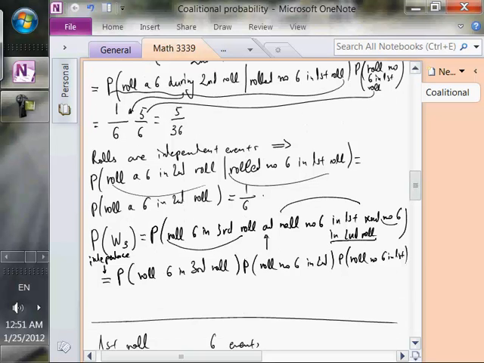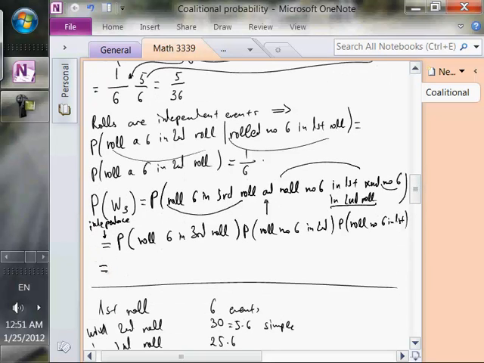And clearly these probabilities are equal to 1/6 times 5/6 times 5/6, and this was given as 5 squared over 6 cubed. And likewise, P of W4 is equal to 5 cubed over 6 to the 4th.